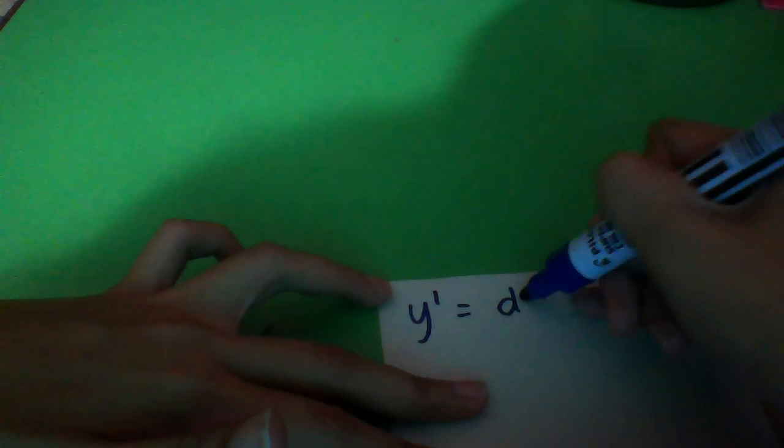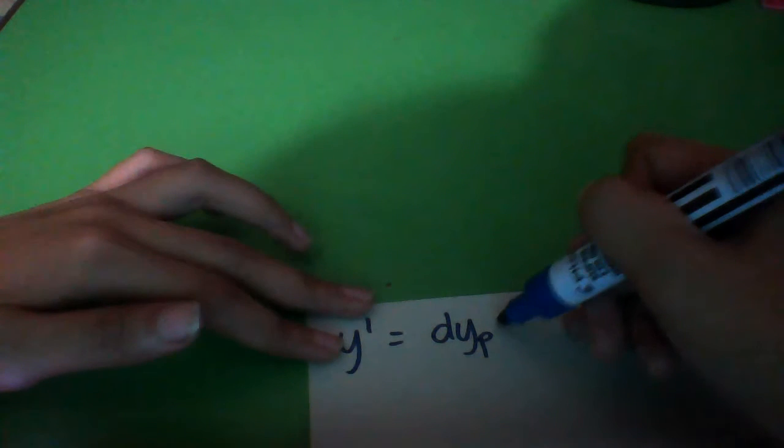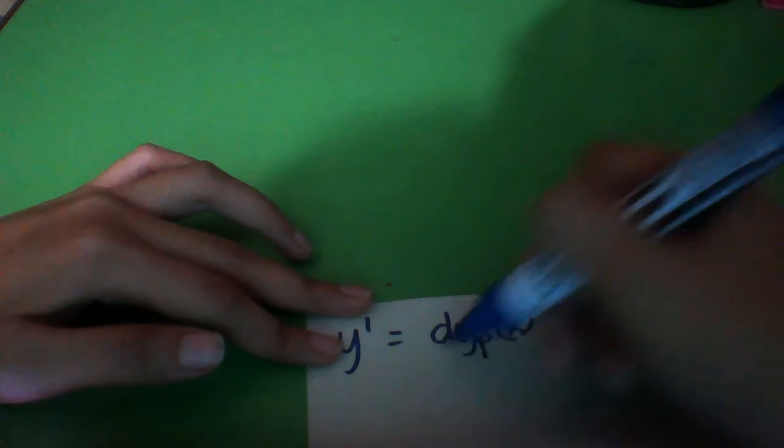Then compute y prime, which is equal to dy p of x over dx.